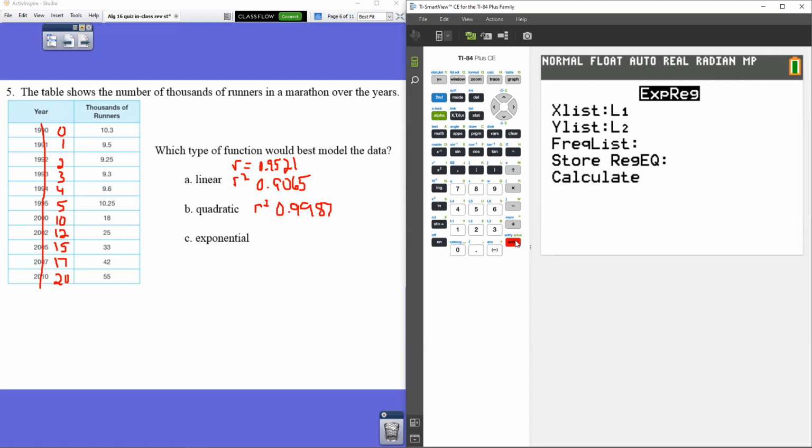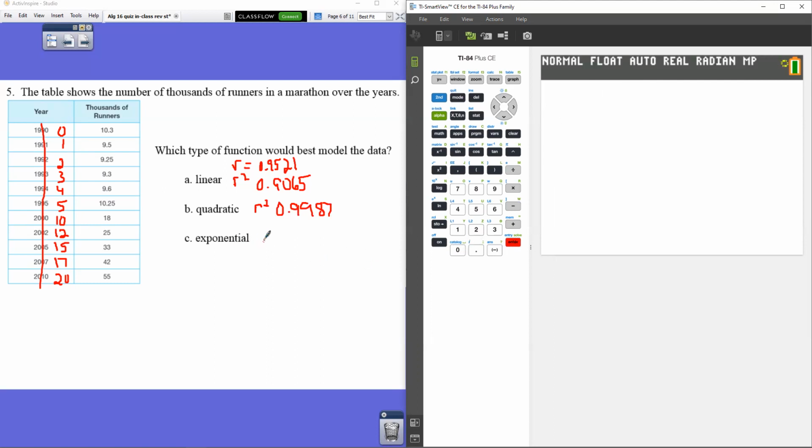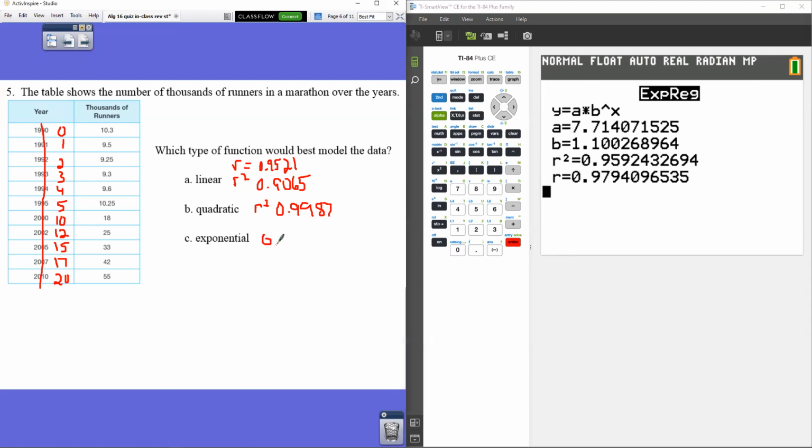Our R value is 0.9794, and our R squared value is 0.9592. When you take a look at these, we're looking for the one that is closest to 1 or -1. This time it would be the quadratic. 0.99 is closest.